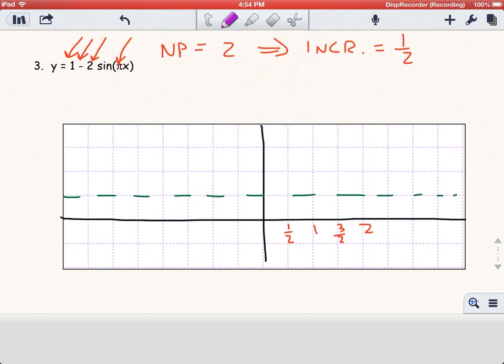This is a sine curve with an amplitude of 2. And because we have a vertical reflection, we need to start down. That's what that curve will look like.